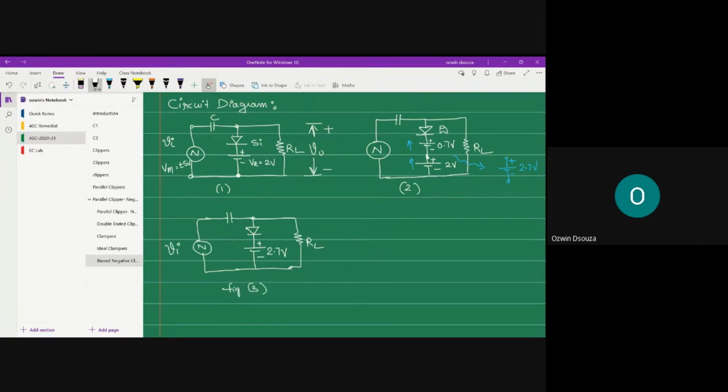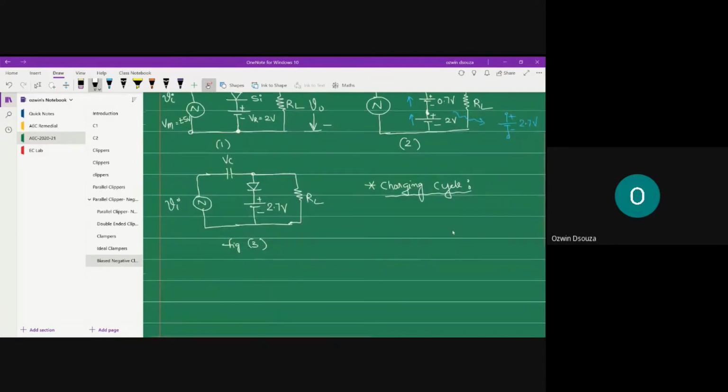All right, so now we can go to the analysis part. First let us talk about the charging cycle. The capacitor is going to get charged in the first positive half cycle.